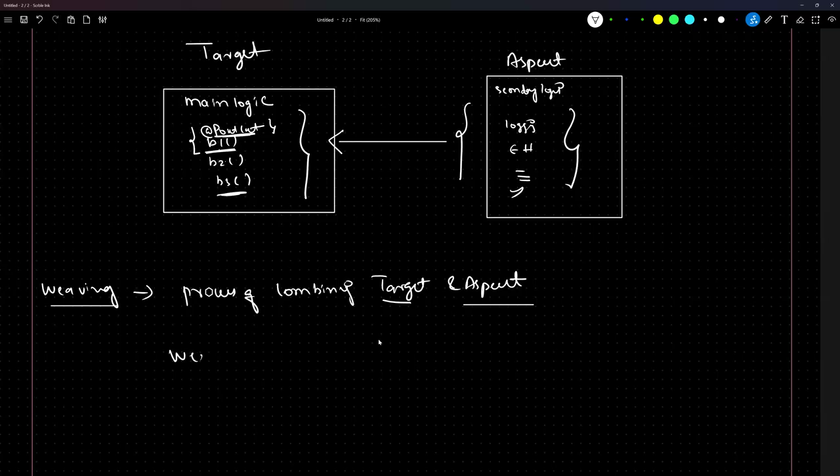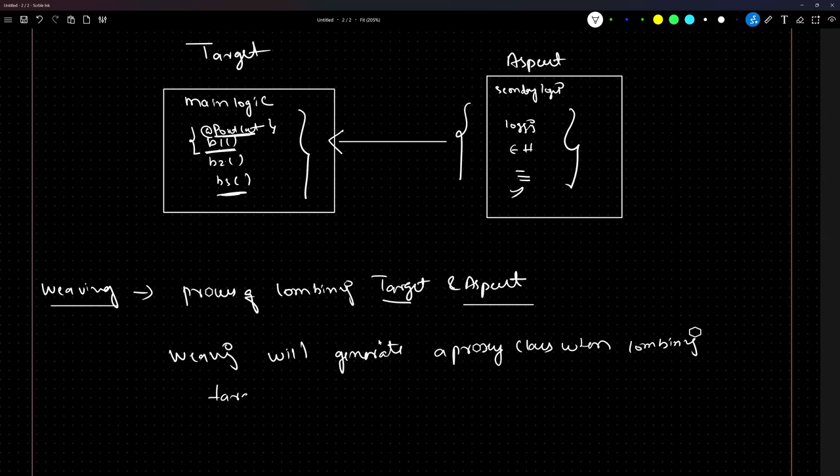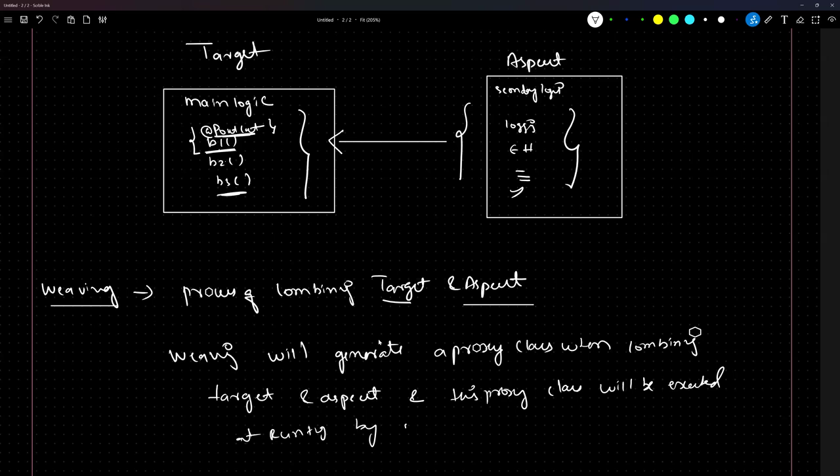And this weaving process will generate a proxy class when combining the target and aspect, and this proxy class will be executed at runtime by Spring AOP. You need not do something extra for this.